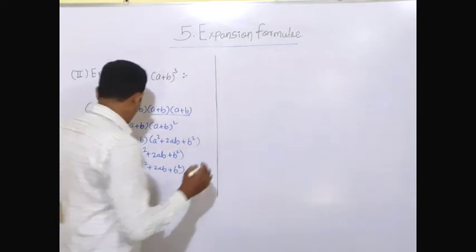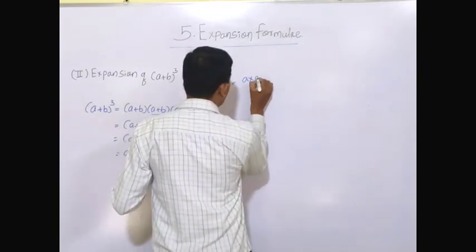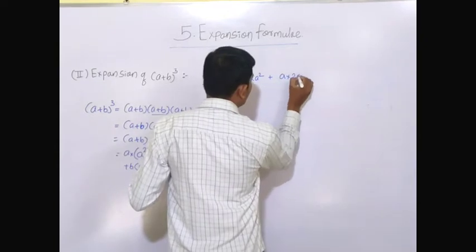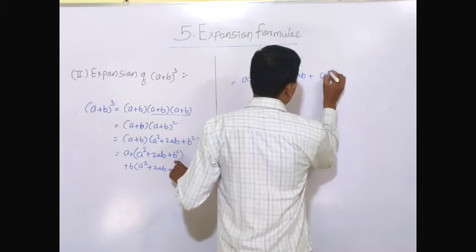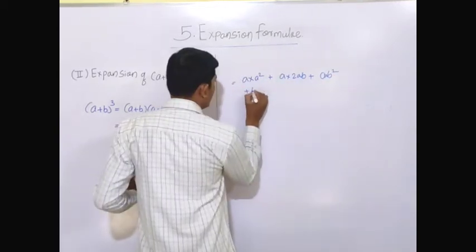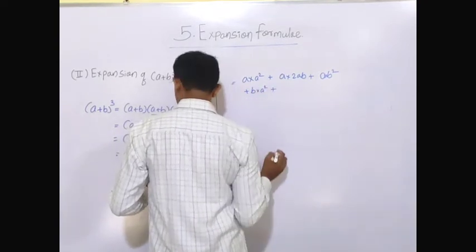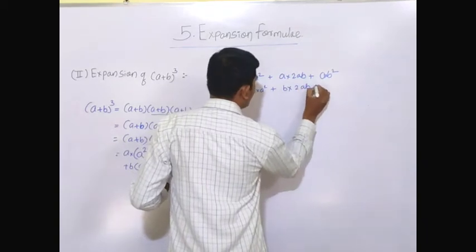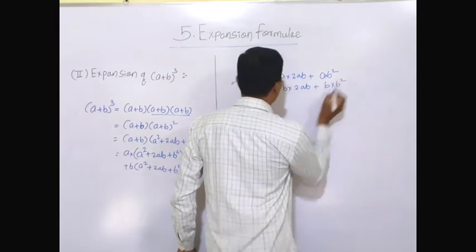So a into a square plus a into twice ab plus a into b square, again b into a square plus b into twice ab plus b into b square.